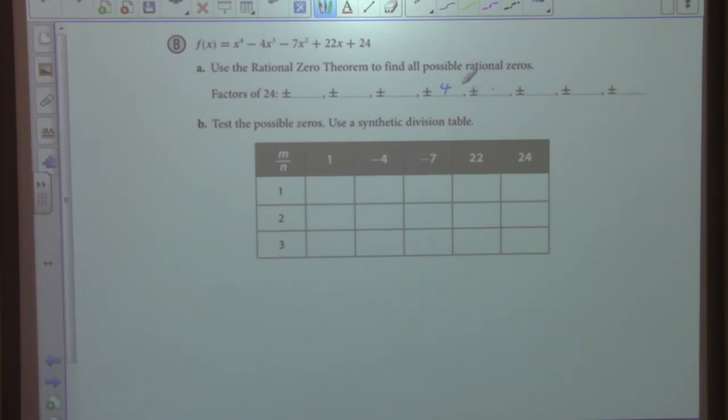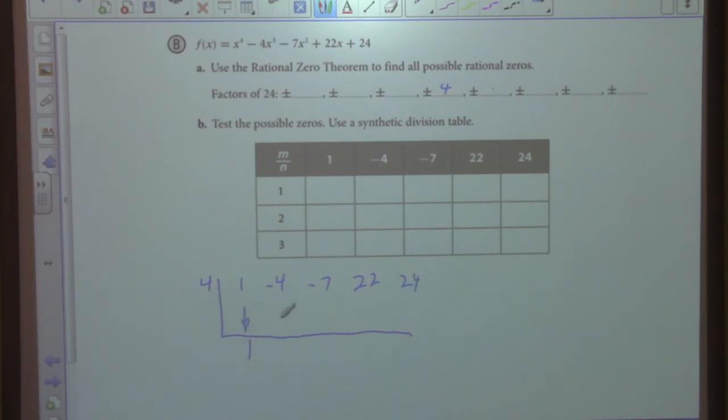I will tell you in advance, since it's a 4th power one, of the zeros I believe is 4. So if we take 4, we take x to the 4th power minus 4x to the 3rd power minus 7x squared plus 22x plus 24, and we work this out.